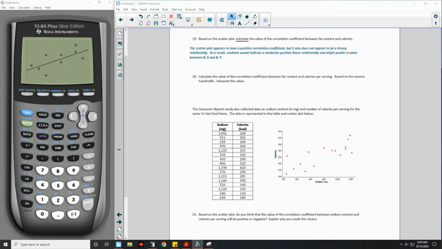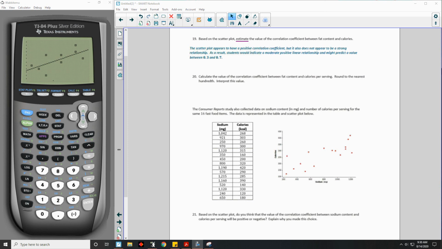So here's what I'm going to say here. The scatter plot appears to have a positive correlation coefficient, but it also does not appear to be a strong relationship. Those points are not right on the line. As a result, students would indicate a moderate positive linear relationship and might predict a value between 0.3 and 0.7. So there's a range there.